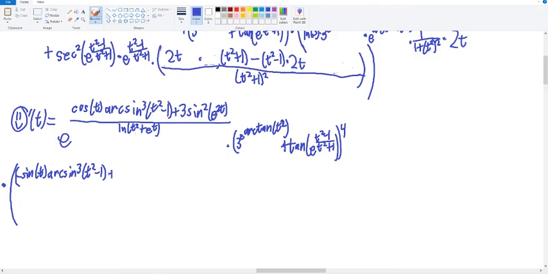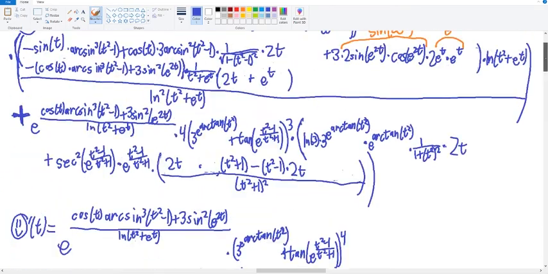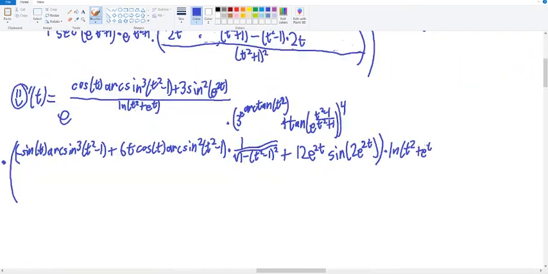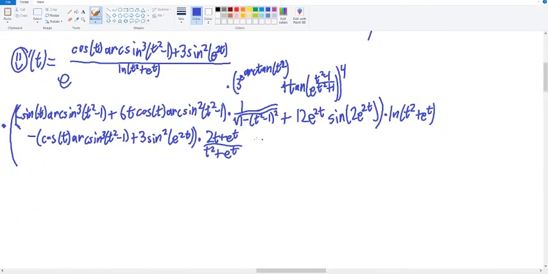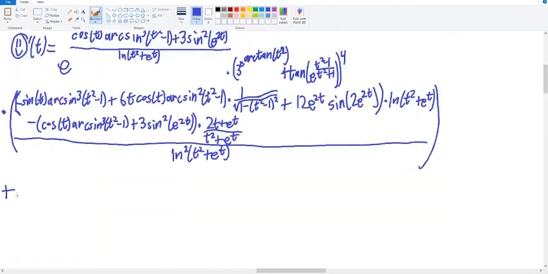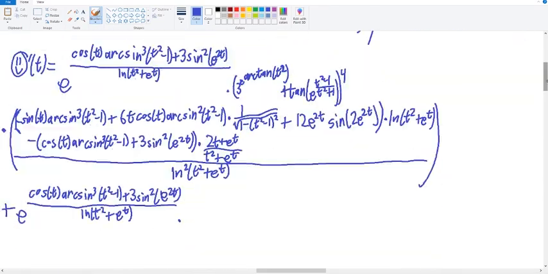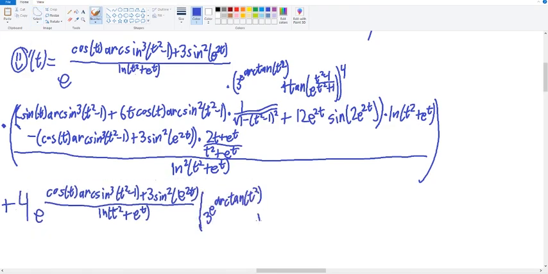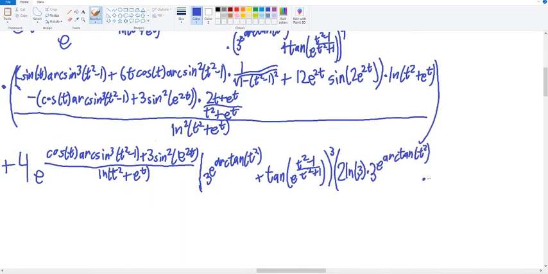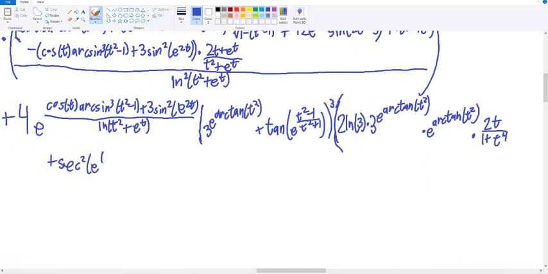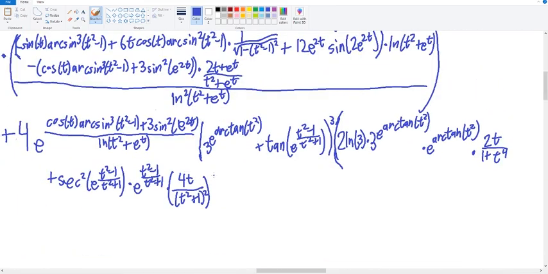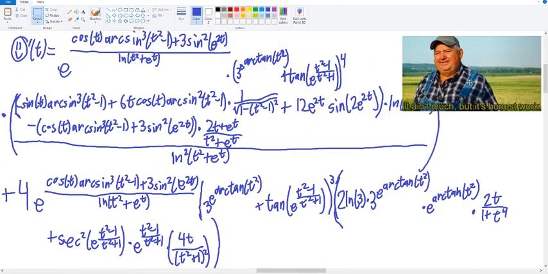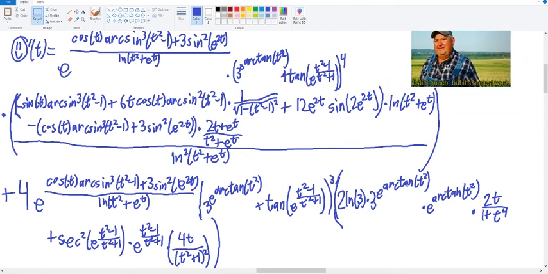I only figured this out because Wolfram Alpha reminded me that this is a thing. And there we go. It's not much, but it's honest work.